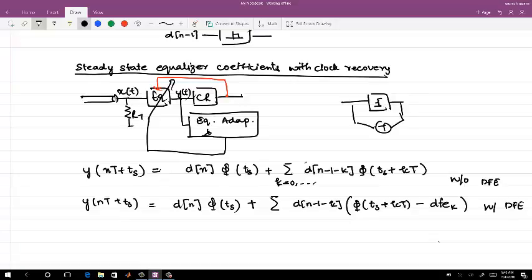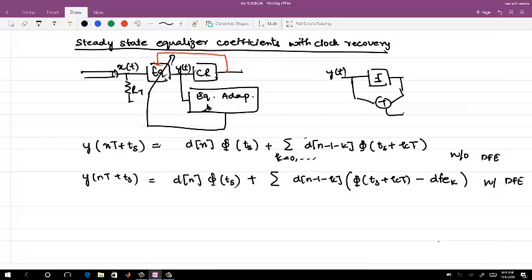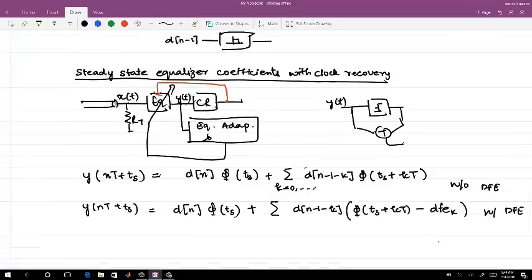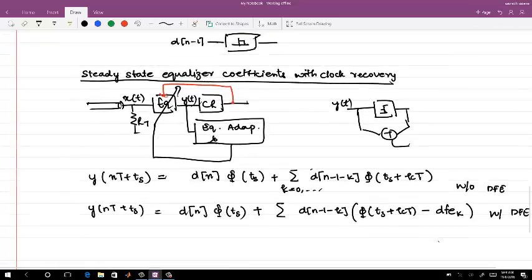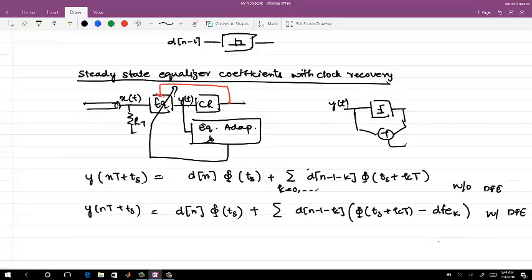This is what we were doing before. And this error is used for the coefficient adaptation. So you are comparing y(nT + Ts) with some reference level. Let's say that reference level is the same as phi of Ts, which is the maximum value here, and dn and dn minus 1 are all bits of plus or minus 1.